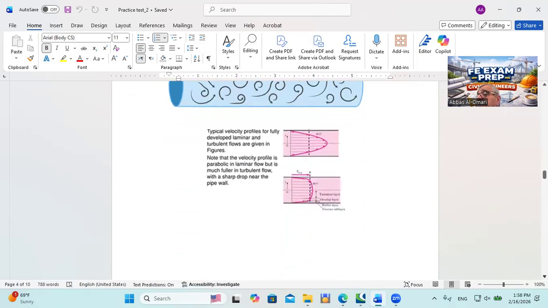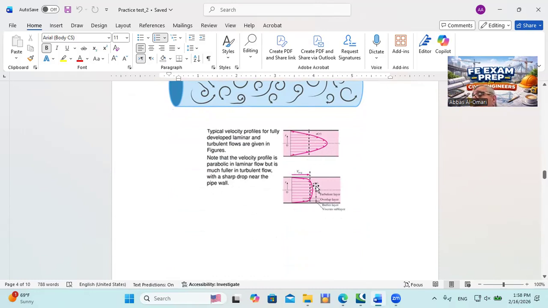Now, these two figures show the velocity profile. The first one is the velocity profile in laminar flow, and the second one is the velocity profile in turbulent flow. We see that the velocity gradient in laminar flow is much higher than the velocity gradient in turbulent flow.